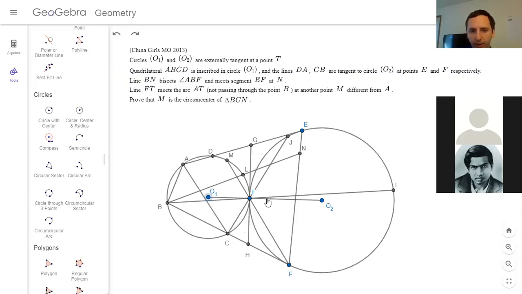So as we move O2 left and right, EF would always pass through this point. It's kind of interesting.